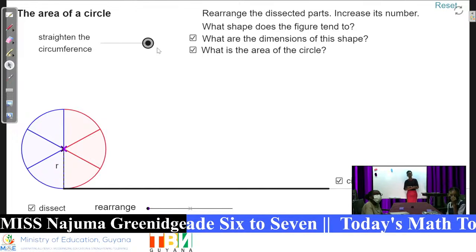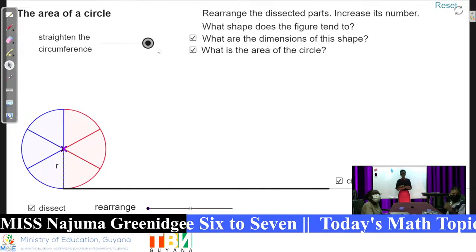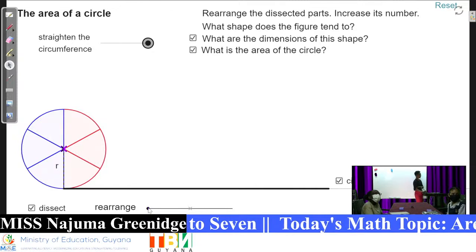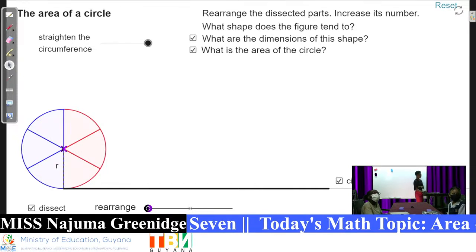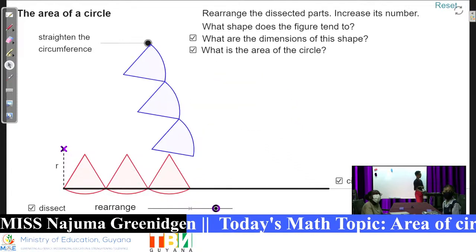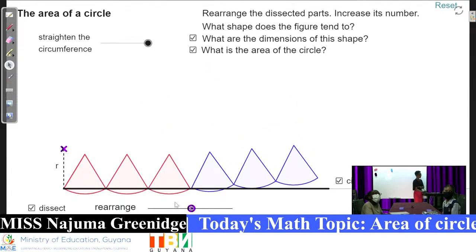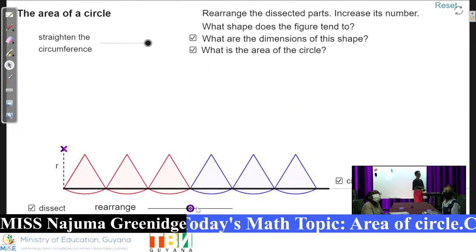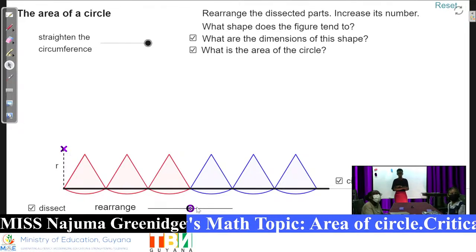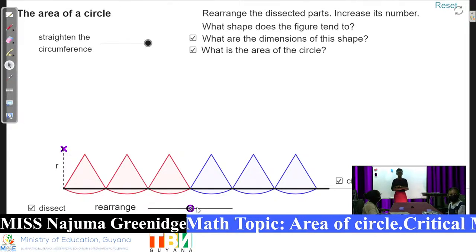It's like as though we peel off the coating of the circle. And so what we did next is to arrange. We separated the sectors, and we noticed that when we set them up like that, they almost span the entire length of the circumference.